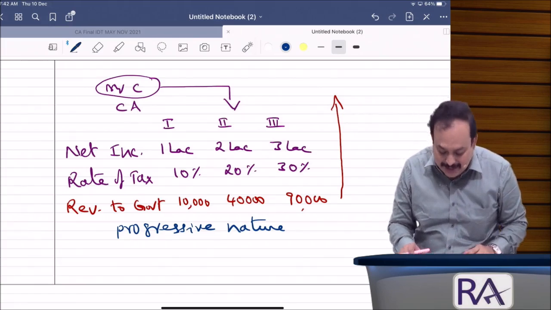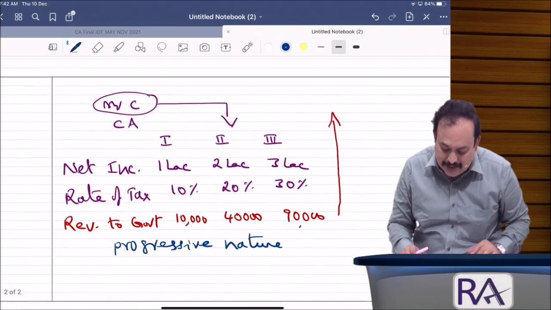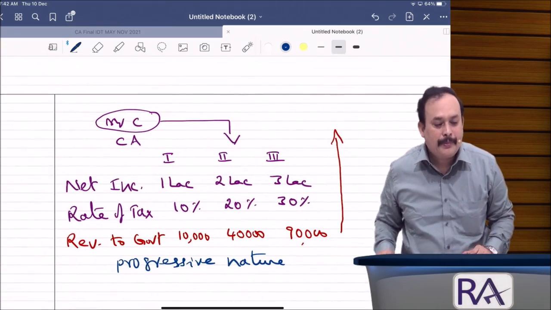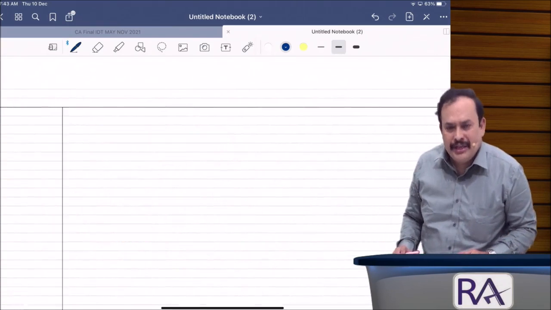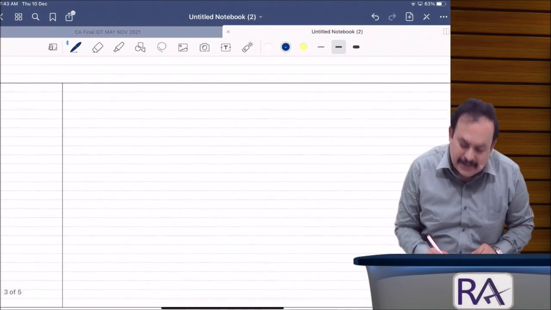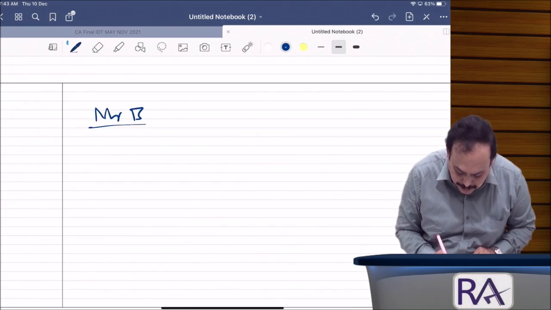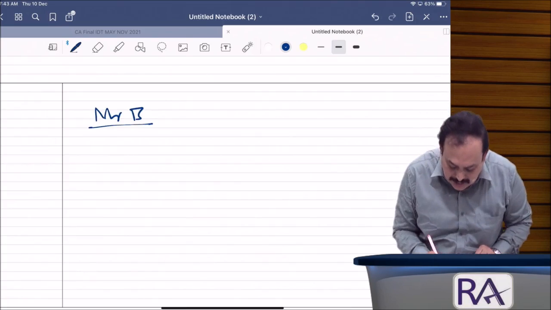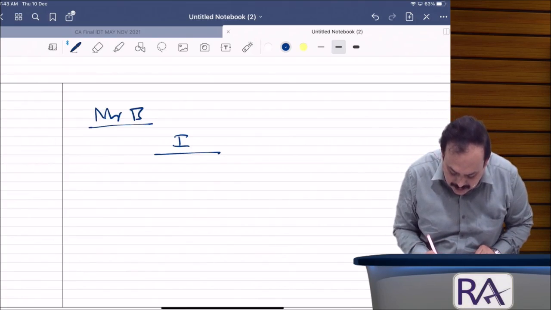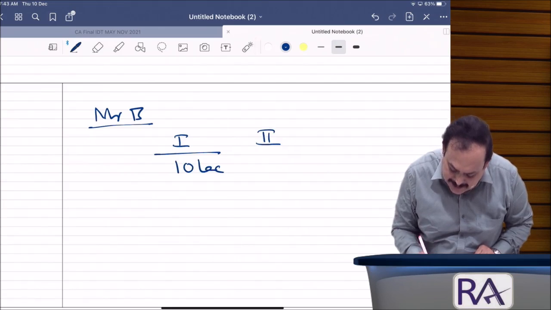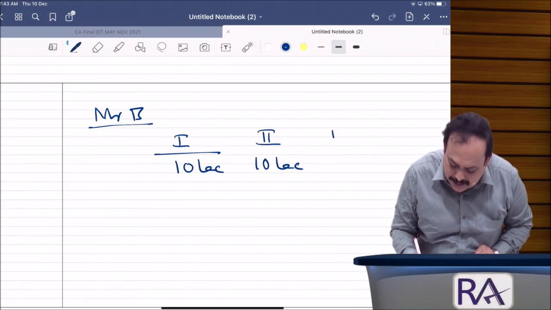Same point I am presenting again for your kind consideration with another example. Look here, my dear sir. Let us say a businessman, Mr. B, whose income in the first year is, let us say, 10 lakhs. Second year also 10 lakhs.